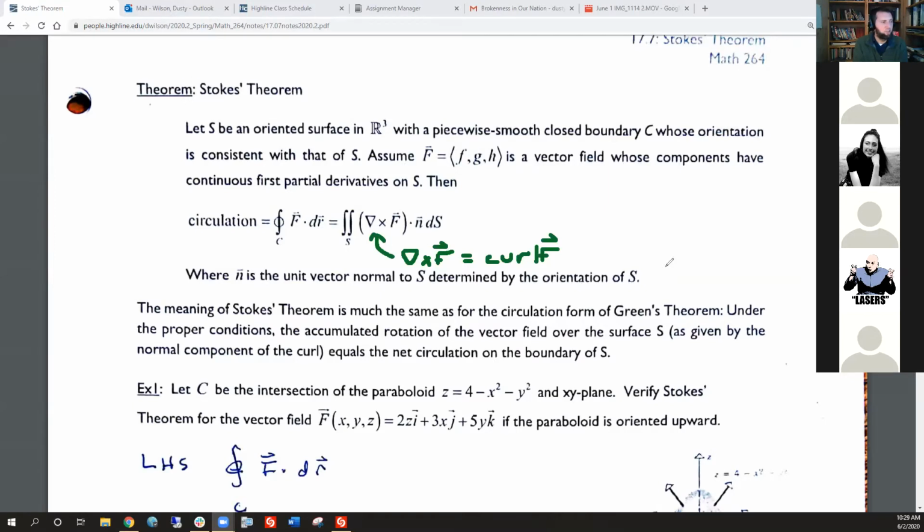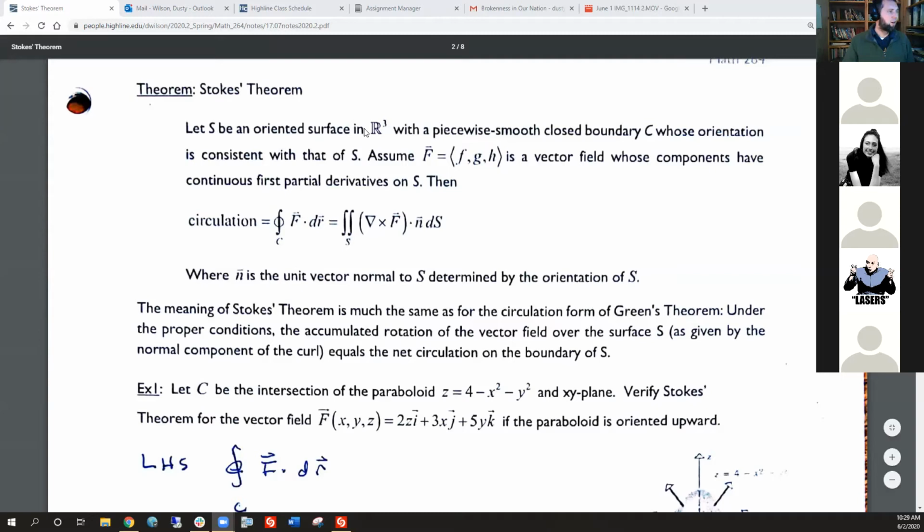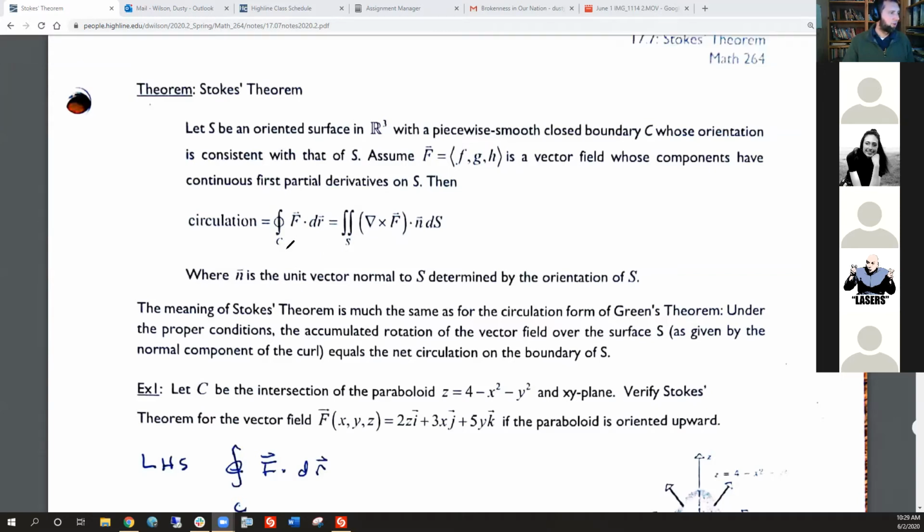Questions about the definition, or are you ready for an example? Example. Yay for examples. All right. So let me show you where we're going with this example before I switch over to the cam and actually start working through it. So notice that you have this Stokes' theorem, and it's got the two sides. So here's your left-hand side, and here's your right-hand side.